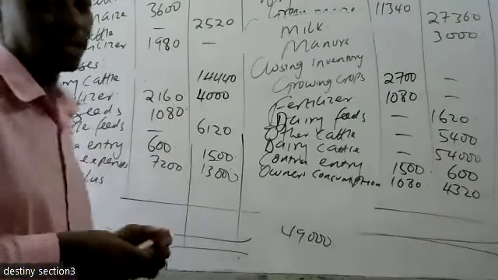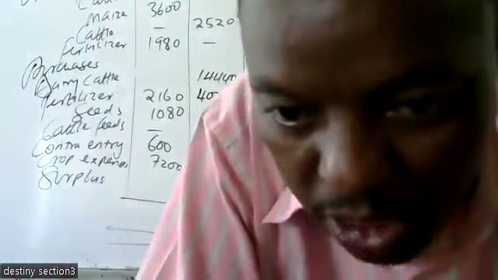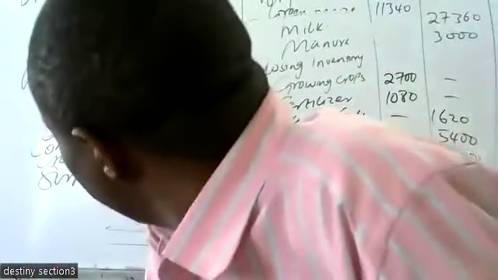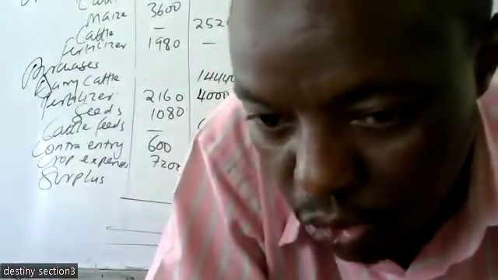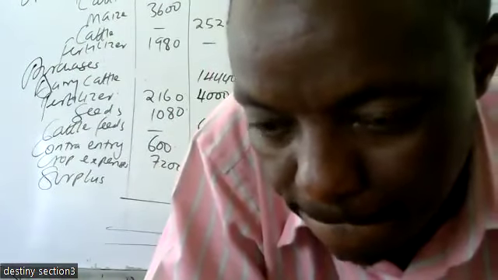Okay, once you make that correction, what is the surplus for crop? It's still 22,640.